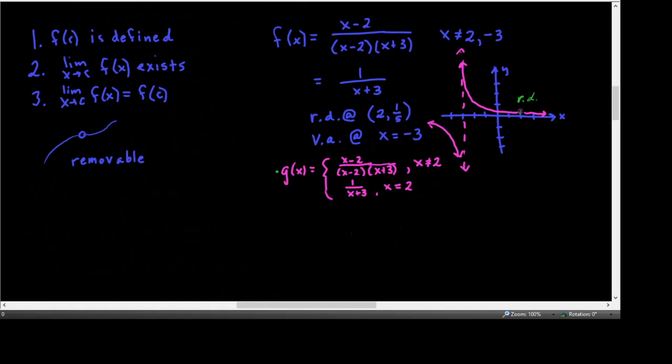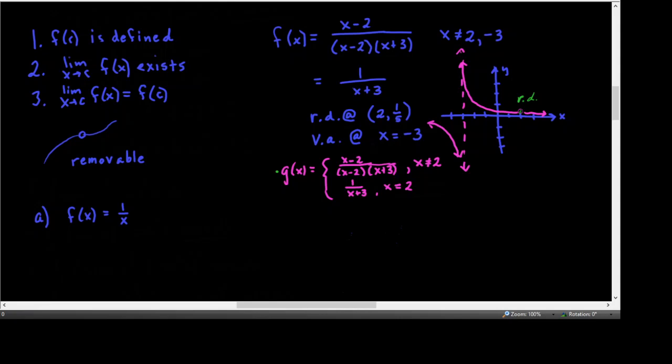All right, so example 1, let's look at part A. We're supposed to discuss the continuity of each function. So let's start with A. Now, we're going to make an assumption about domain, that we want to use every real number we can.